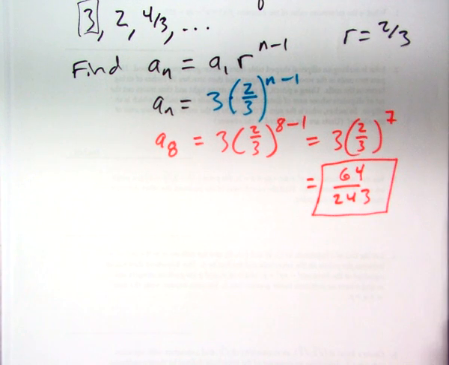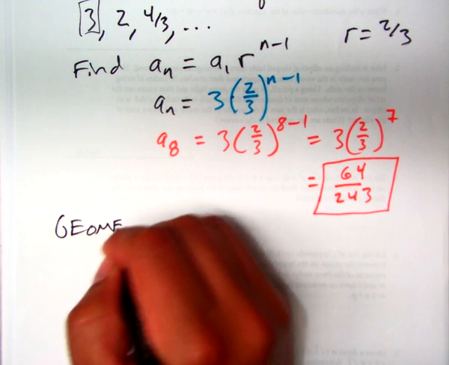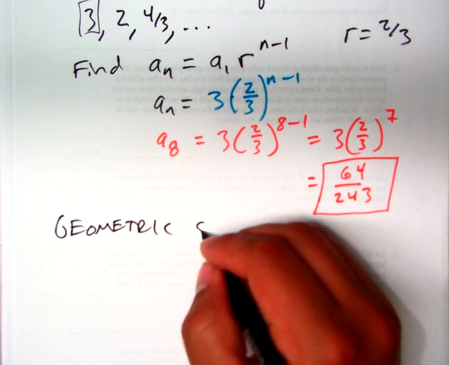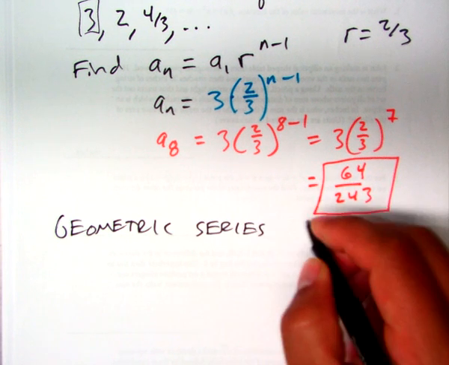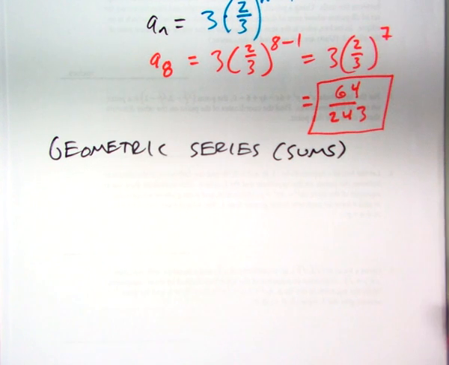So I'm not going to spend all the time deriving the formulas. I will just tell you what the two formulas are. For geometric series, which again means sums, you have two options.